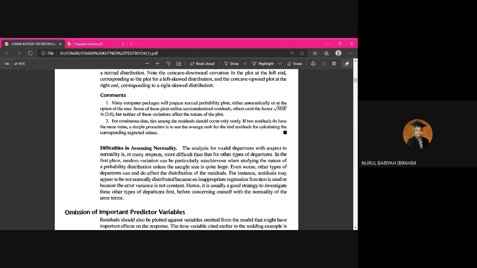So for the practical ataupun for the application after this, we should check for the other departure first, barulah kita check untuk normality.